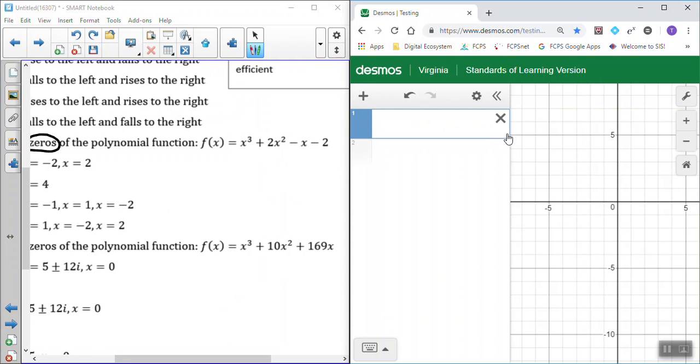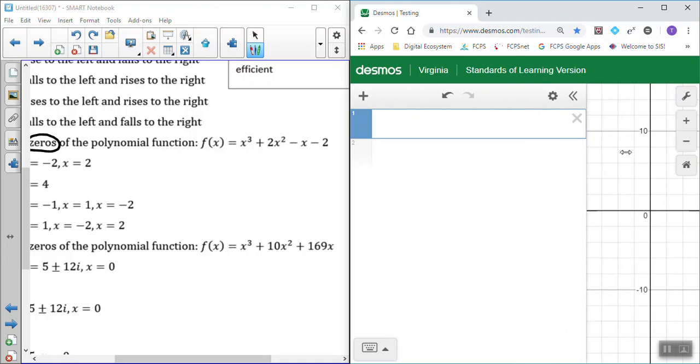-2 to the third power, right here. -2 to the third power plus 2 times -2 to the second power minus -2 minus 2. So many 2's. And that calculates it to be 0.